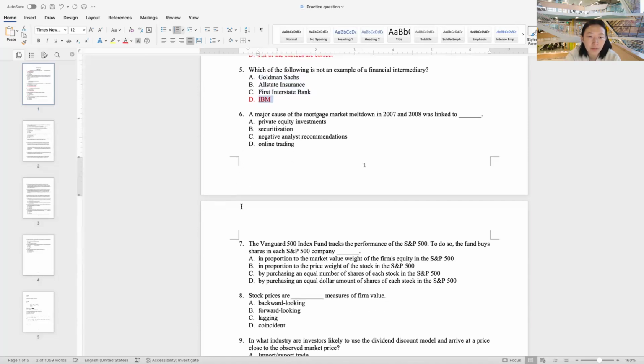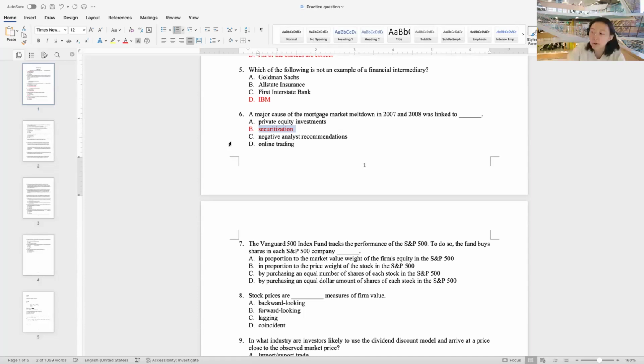Question 6, a major cause of the mortgage market meltdown in 2007 and 2008 was linked to securitization. I think we covered it in class: subprime mortgages, some very high-risk mortgages where the borrower has a high risk of going bankrupt or defaulting. Those are called high risk.